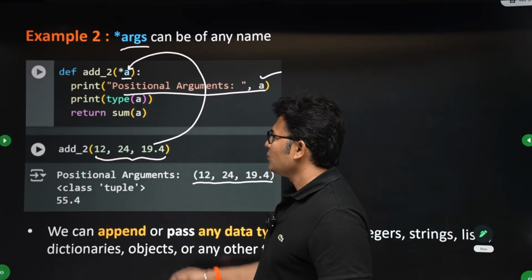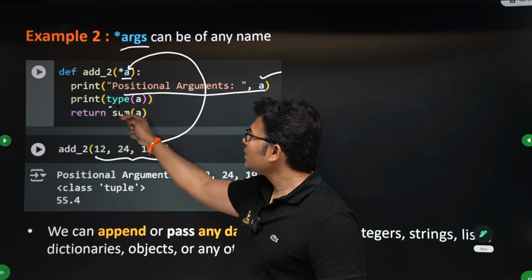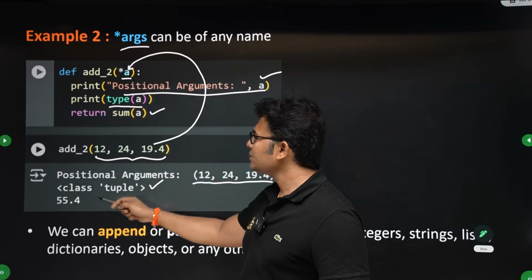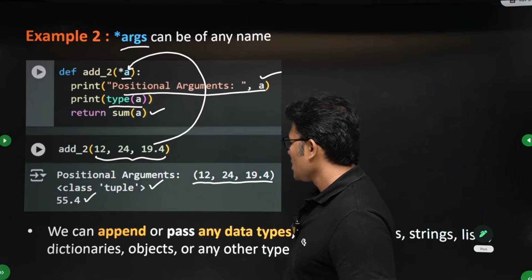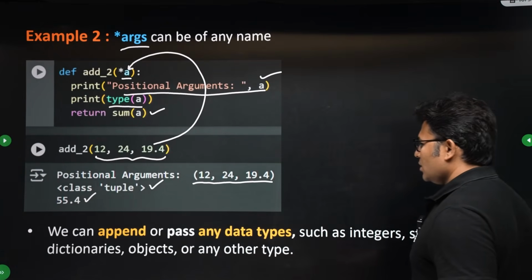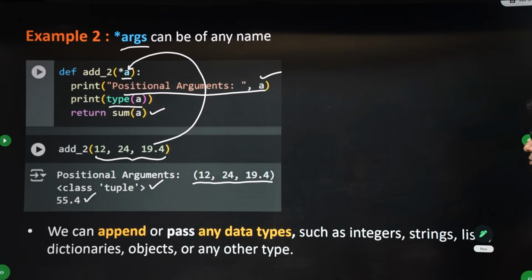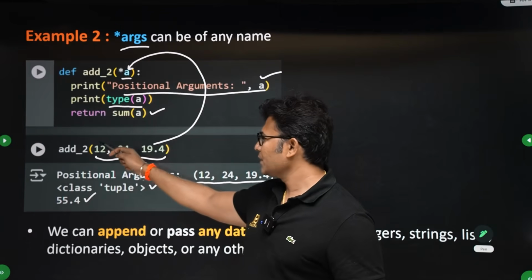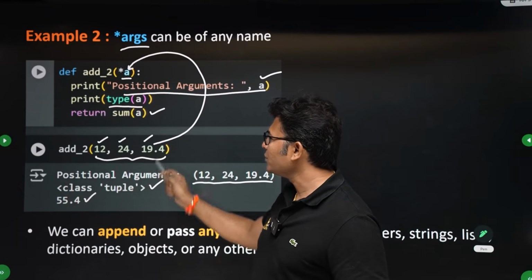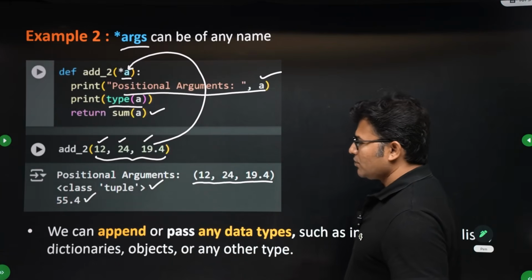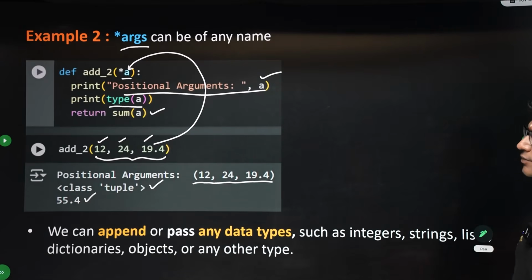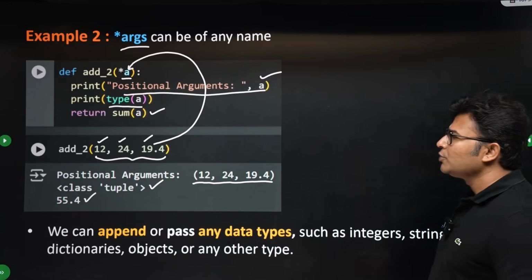And the type of that a is a tuple. Now what is the return? Return is the sum of values. You can pass any data types: an integer, a float, a string, dictionaries, lists, you can pass anything. It need not be only numbers.